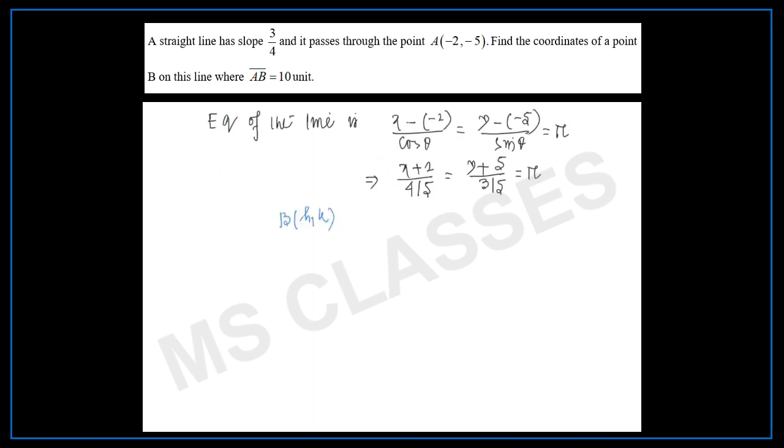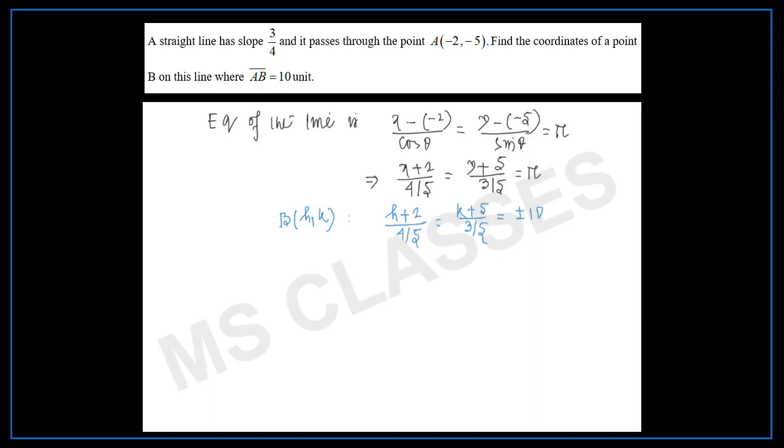Now to find B, what we do is substitute here: h plus 2 by 4 by 5 equal to k plus 5 by 3 by 5 equal to plus minus 10. Why plus minus 10? It can be above the point, it can be below the point.